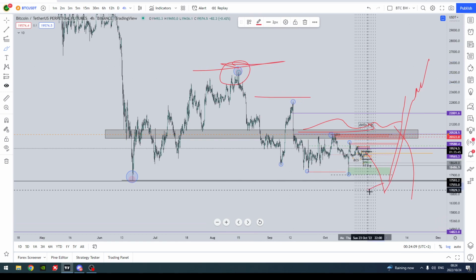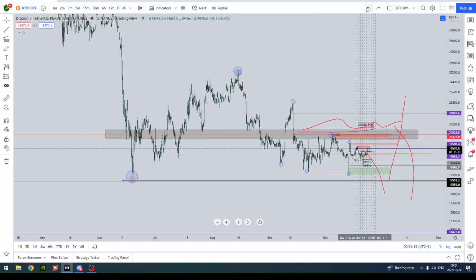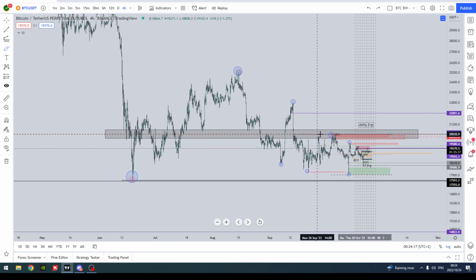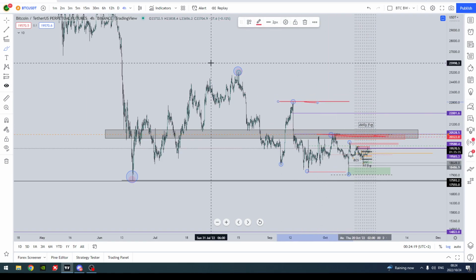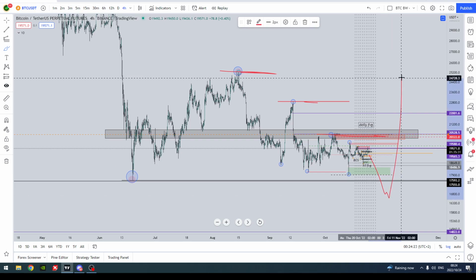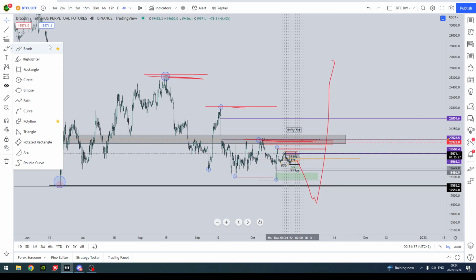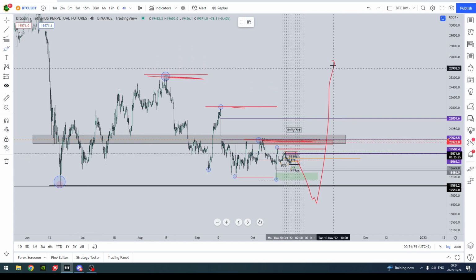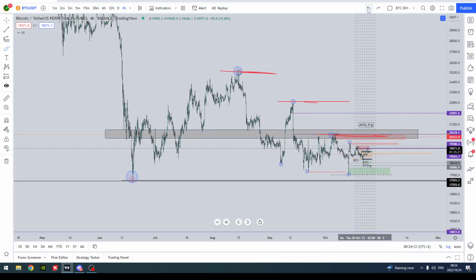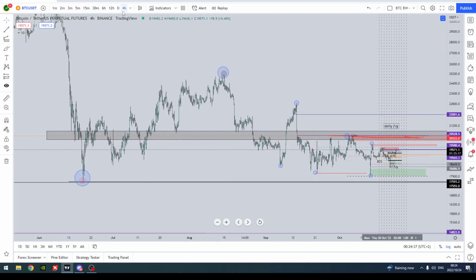So if it rolls over here, I'd say this would be the inducement level. All of these would be inducement levels. Whatever happens here up to here, anything above this, if we break down here first, would be a break of structure, and then we would look for any sort of pullbacks back into here to take BTC higher. Right, so that's the higher time frame structure that we're looking at.